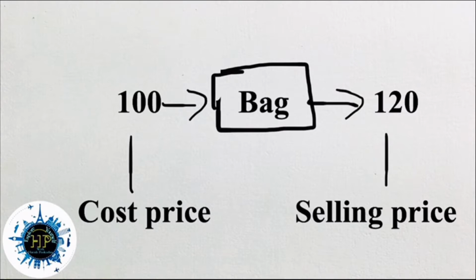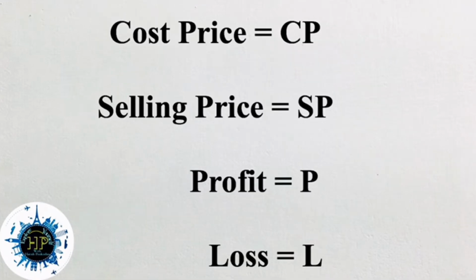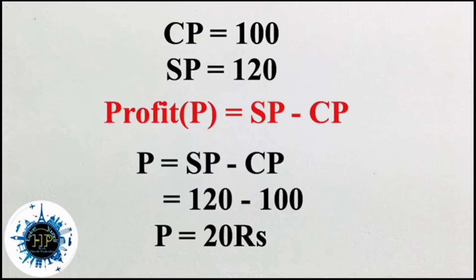So now we have two things, one is cost price, the other is selling price, CP and SP. Let us see the short forms. CP means cost price, SP means selling price. Now you can see CP is equal to 100, SP is equal to 120.